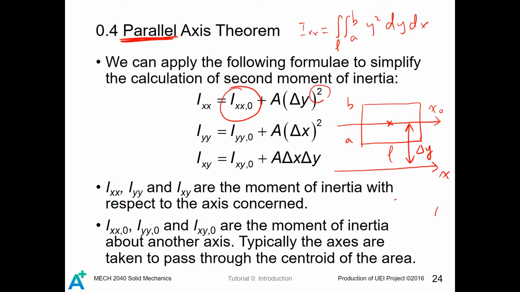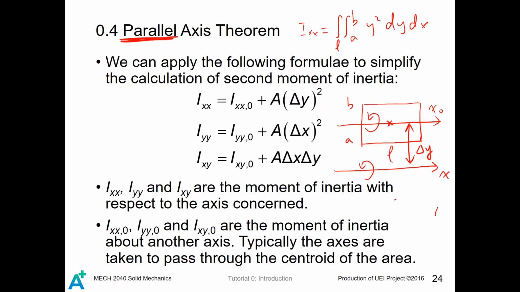Okay, so what does that mean? That means the moment of inertia about this axis equals the moment of inertia of itself plus the area times the square of their vertical distance. This is talking about the moment of inertia about the horizontal axis.